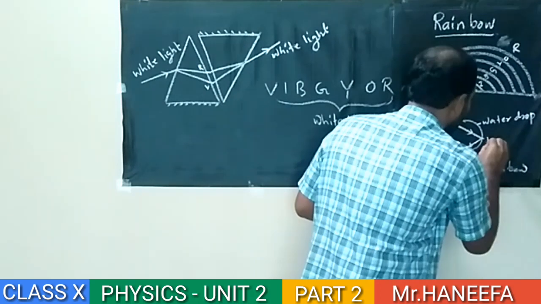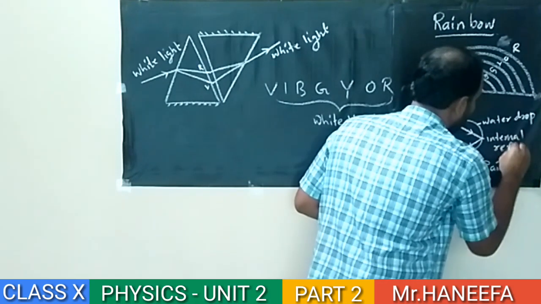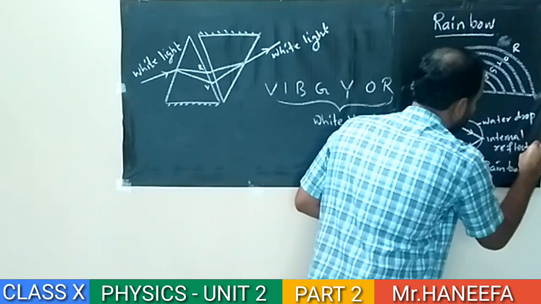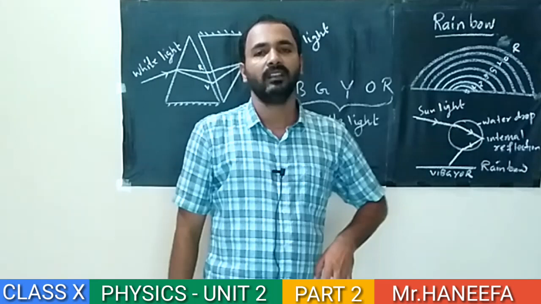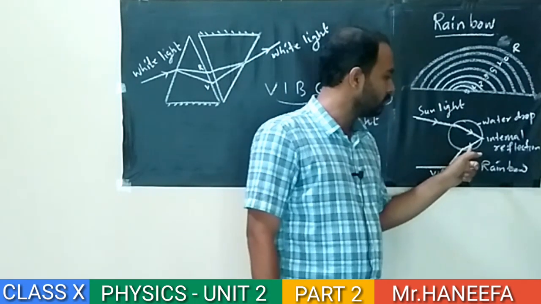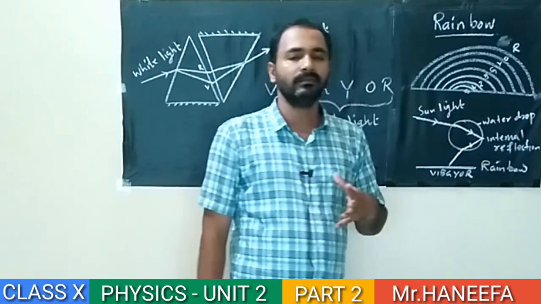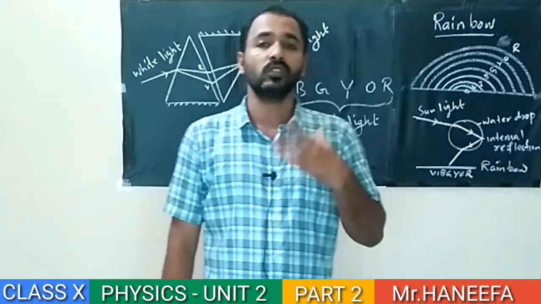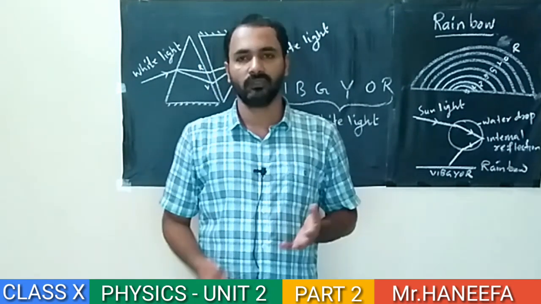Here it undergoes internal reflection. Then another refraction. At the same time, it is split into 7 colors. So what are the phenomena included in the formation of rainbow?